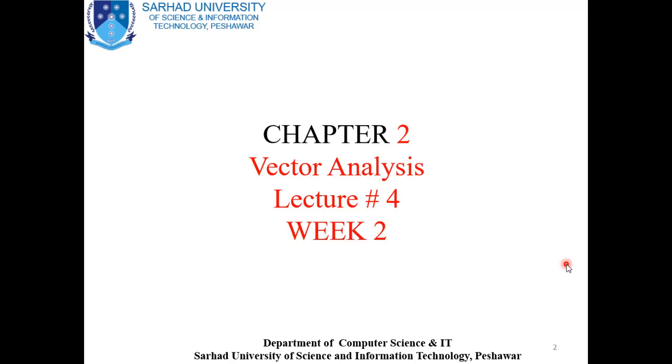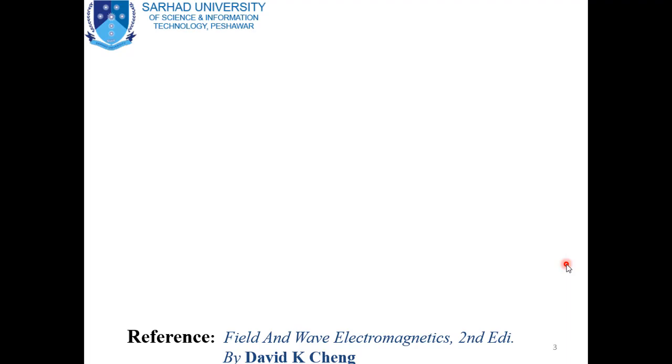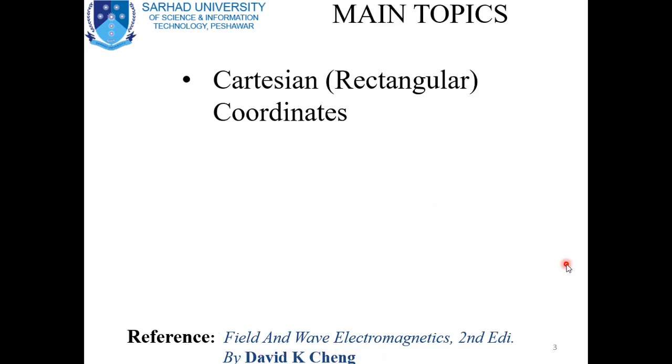In this lecture, we will cover topics from chapter number 2. The title of the chapter is Vector Analysis, and this is the fourth lecture of the course. Our main topics will be to study the specific coordinate systems like Cartesian coordinates.